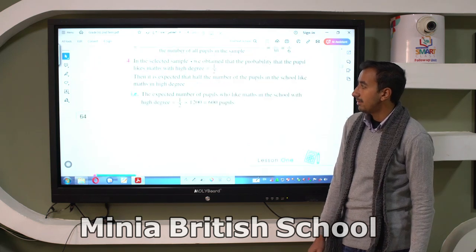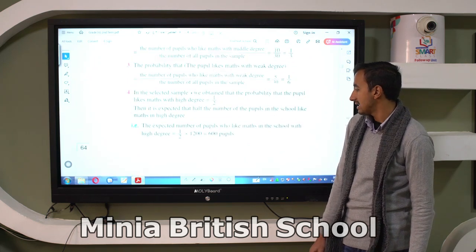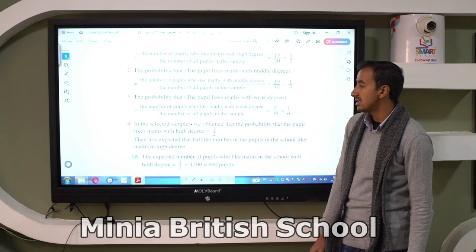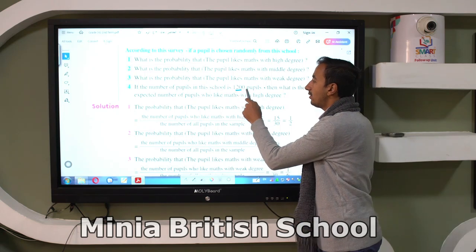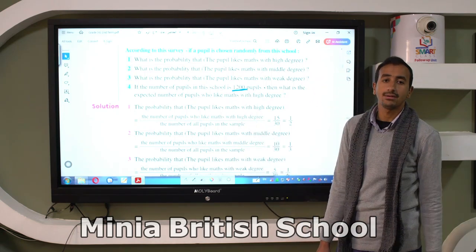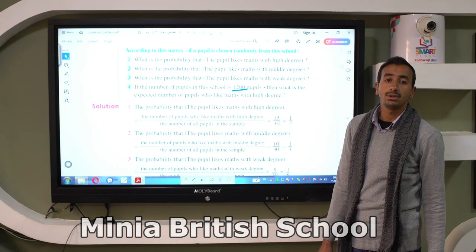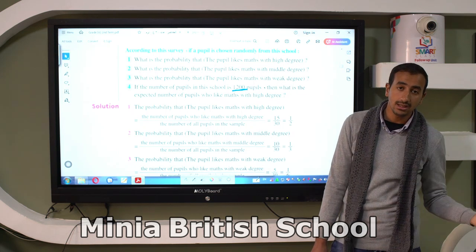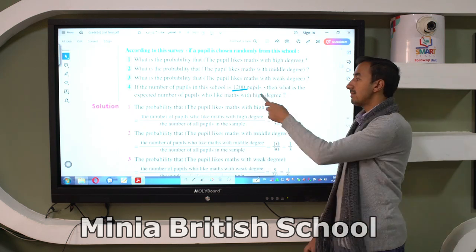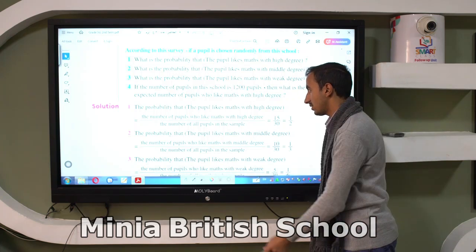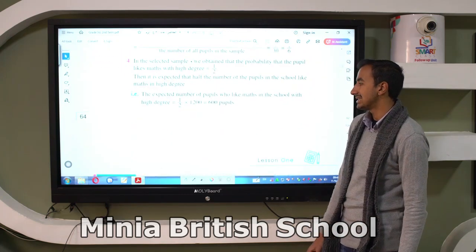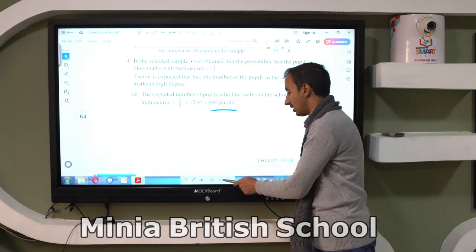The expected number of people who liked math in the school with the highest degree: if the total is 1200, I can multiply the probability of the highest degree by the total students 1200. Half times 1200 is 600 pupils with the highest degree.